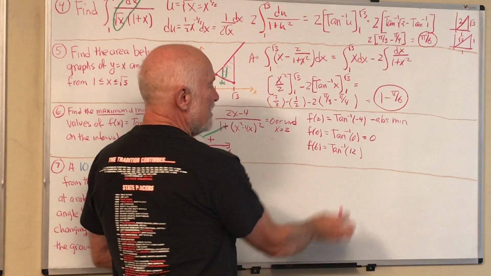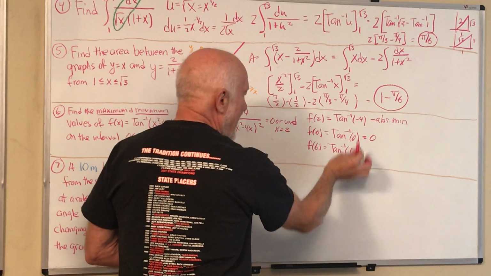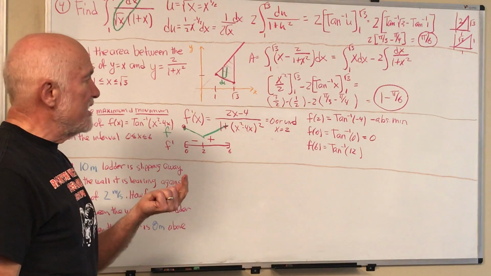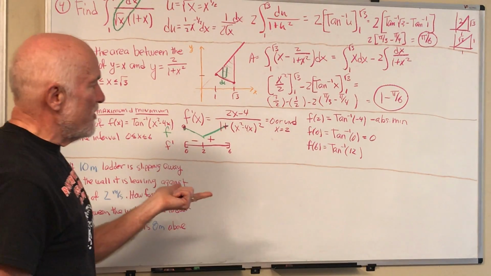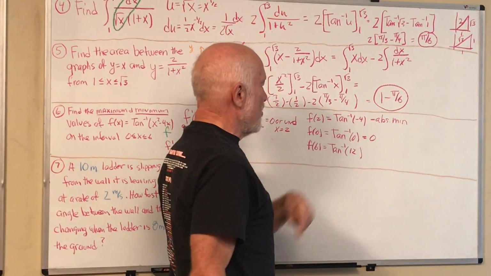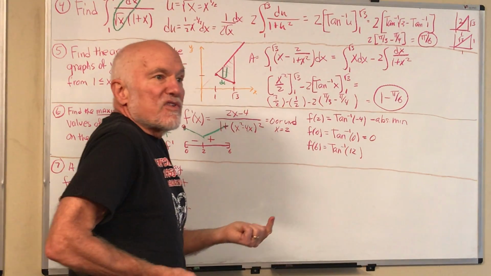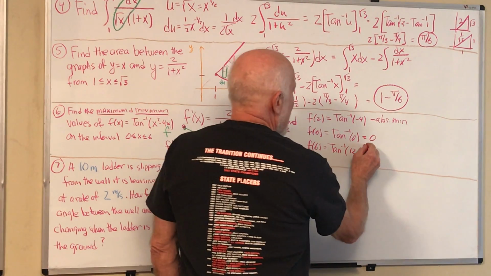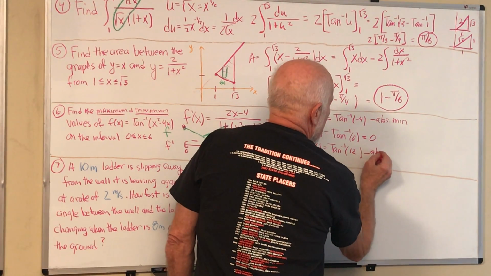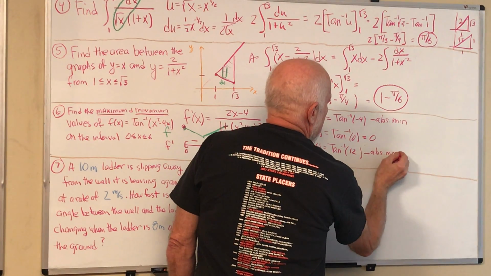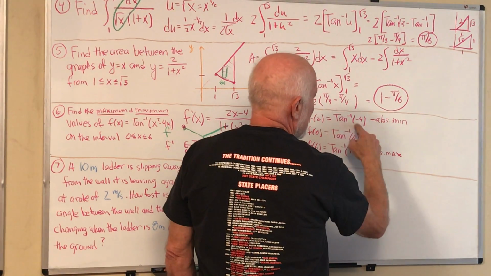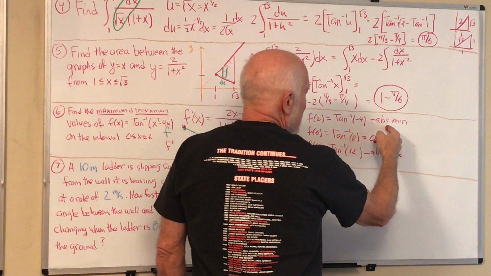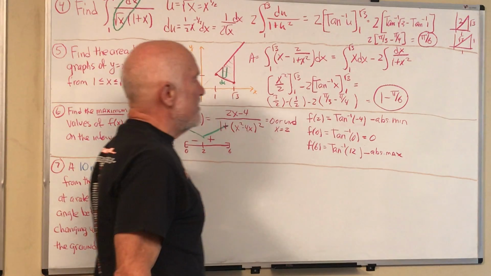So we want an angle whose tangent is a positive number. So we now know from our knowledge of pre-calc that that's got to be a positive number. So it's bigger than 0. We don't know exactly what that number is, but it's bigger than 0, what that angle would be. So this has got to be our absolute max. And this is a negative number because the angle whose tangent is a negative number is going to be in the fourth quadrant. It's going to be a negative angle.